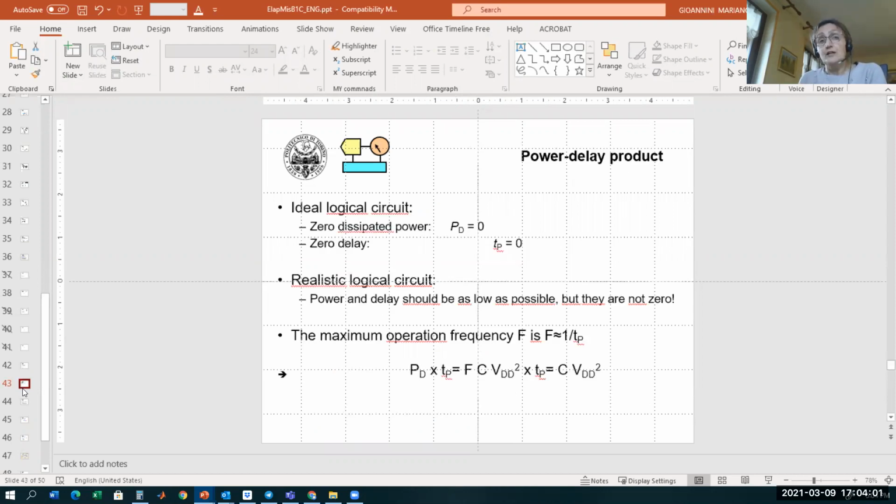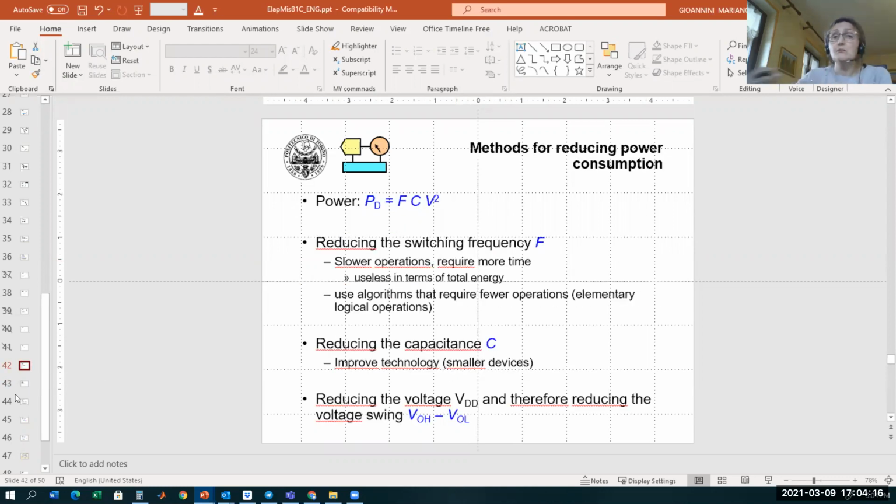Then finally, these two things, dynamic power and delay, they go together. They are not independent. Why? Because what is determining the maximum speed I can operate?